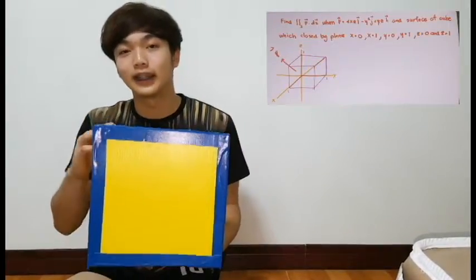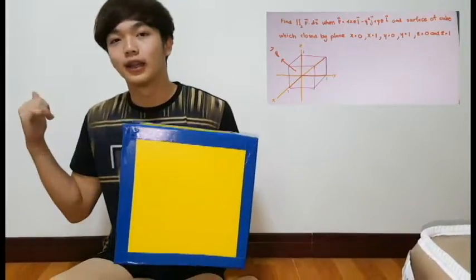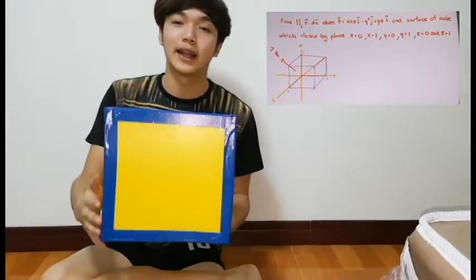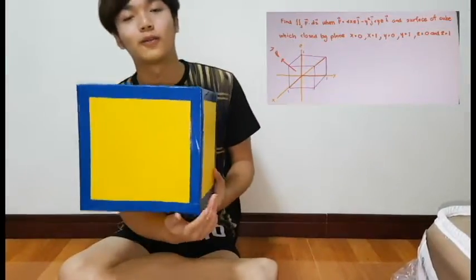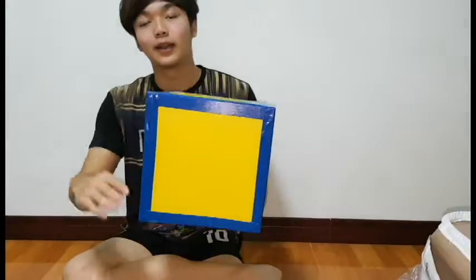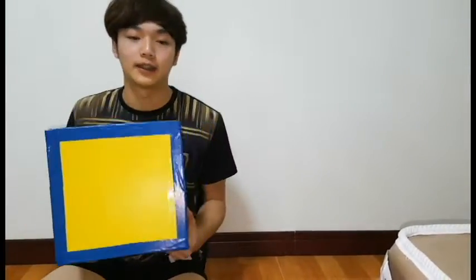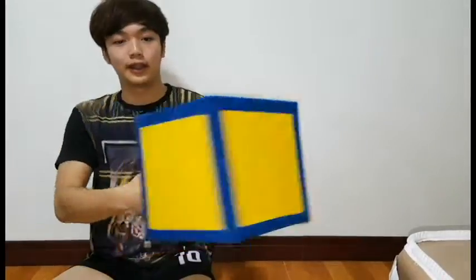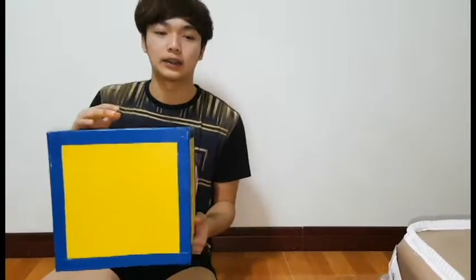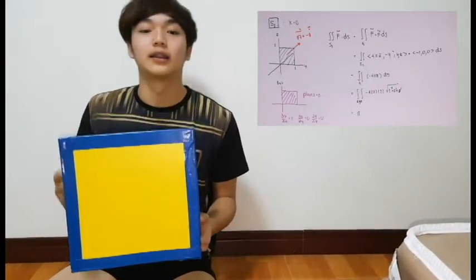From the equation, we know the direction of F goes here, and it is bounded by 6 planes: x equals 0, x equals 1, y equals 0, y equals 1, z equals 0, and z equals 1. Okay, let's start to calculate the first surface. The first surface, where x equals 0, is this surface here, and the projection is into the yz plane.